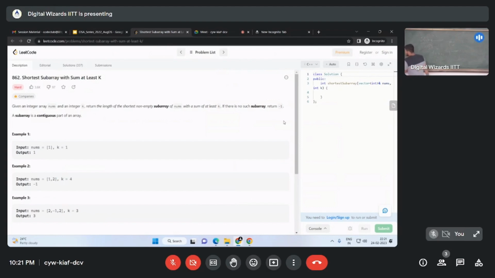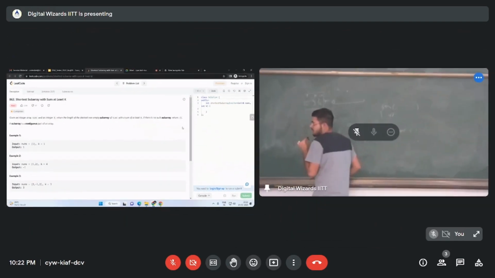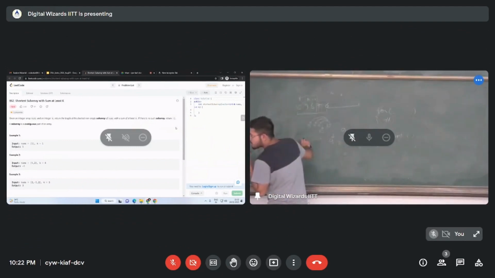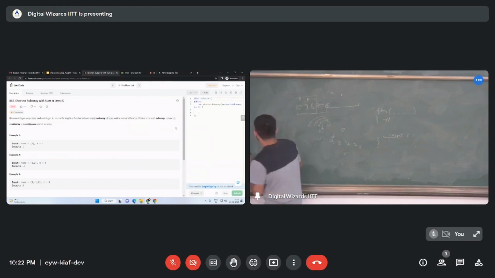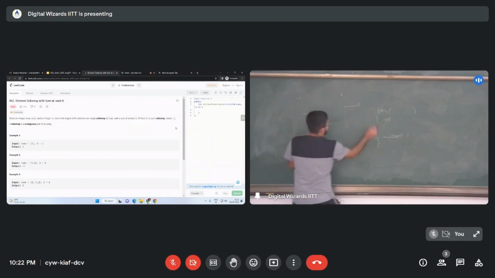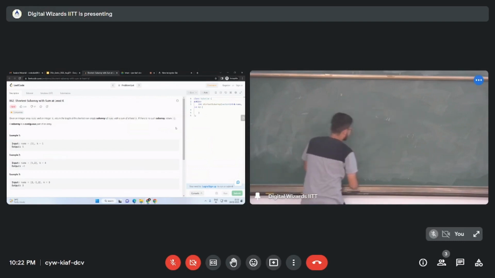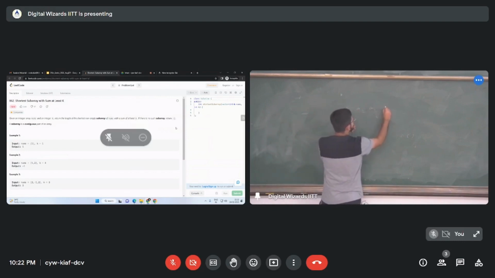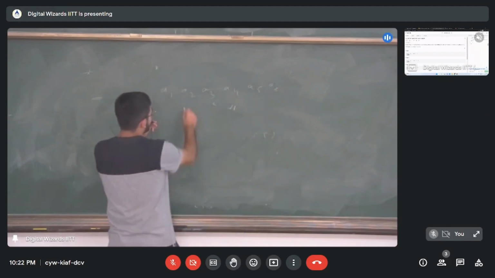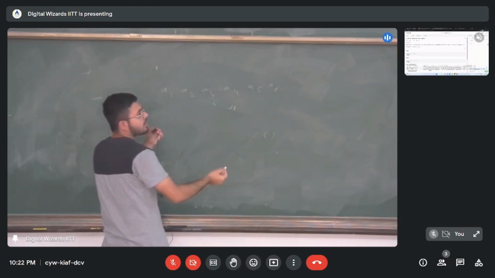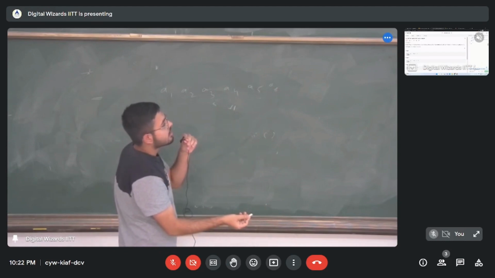So, you are given an array and an integer k. All you need to do is find the length of the shortest non-empty subarray which has a sum of at least k. So you are given an array, maybe like A1, A2, A3, A4, A5, A6, just take a six-sized array.